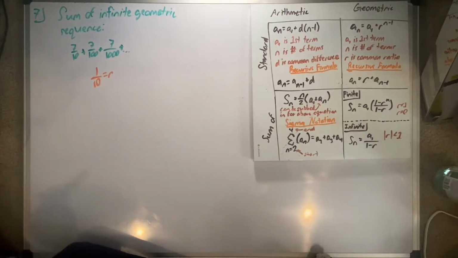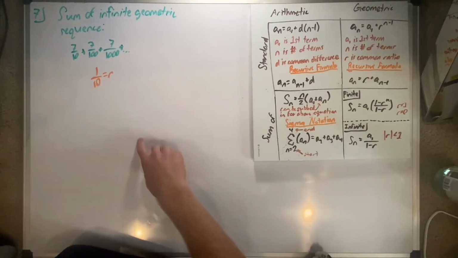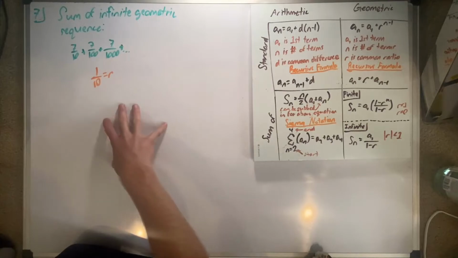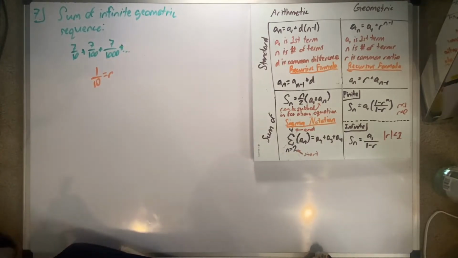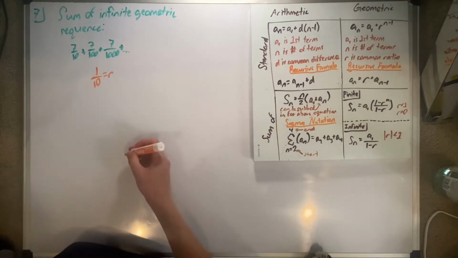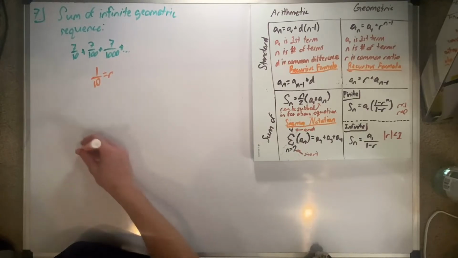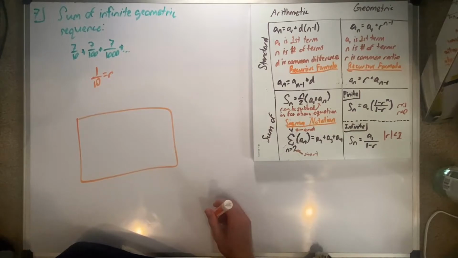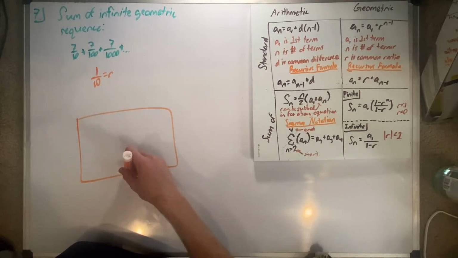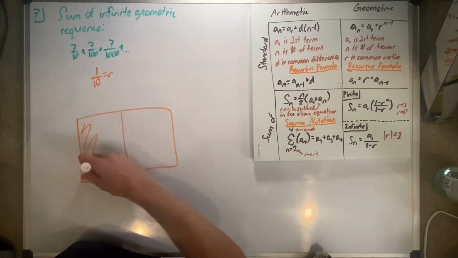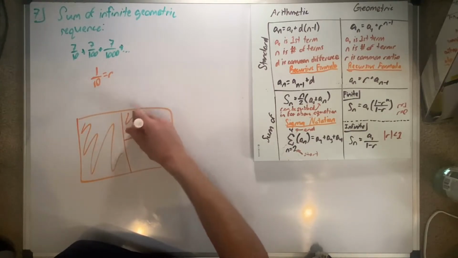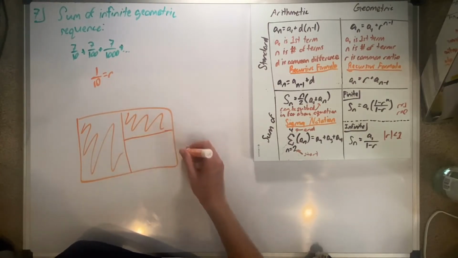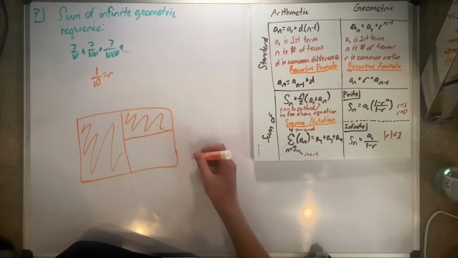So that means that we can literally have n blow up to infinity, and it will still settle on a single number. The perfect example of this would be if we are trying to paint a wall, and we decide that we are going to paint half of it a day. So we would have this half done on day 1, this half done on day 2, and when I say half of it a day, I mean half of the remaining portion left.